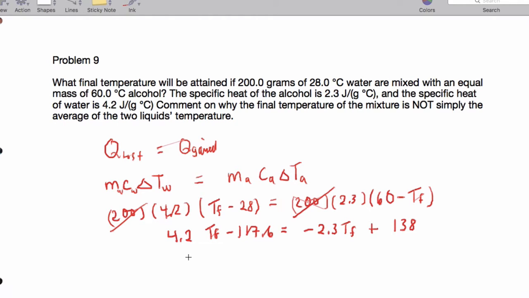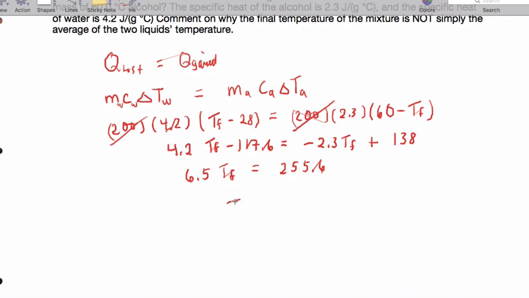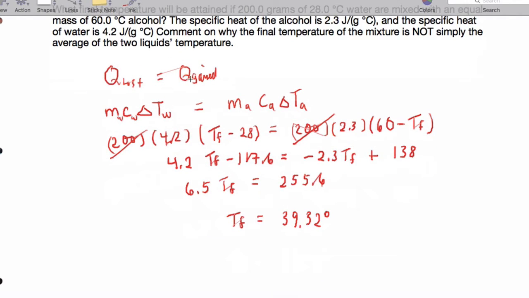All right, so I'm getting 6.5 TF equals 255.6. And so when we solve for our final temperature, we're going to get TF equals 39.32 degrees.